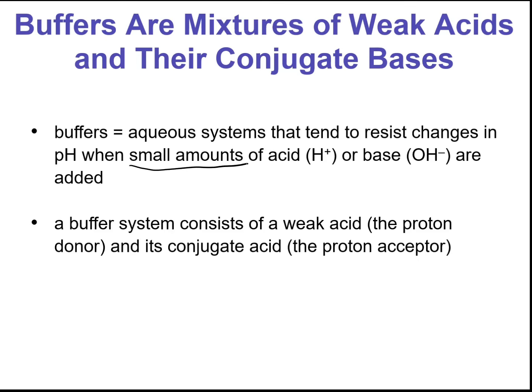The key word here, small, tiny. You can't dump a liter of sodium hydroxide into a buffered system and expect the pH to stay the same. A buffer system consists of a weak acid and its conjugate base.